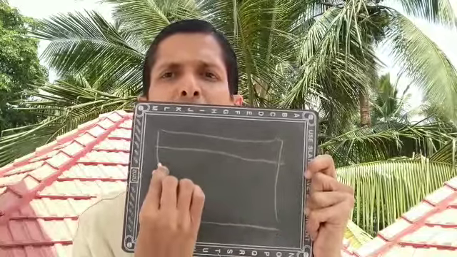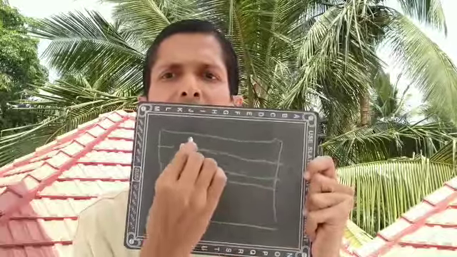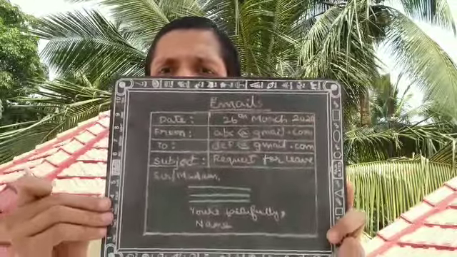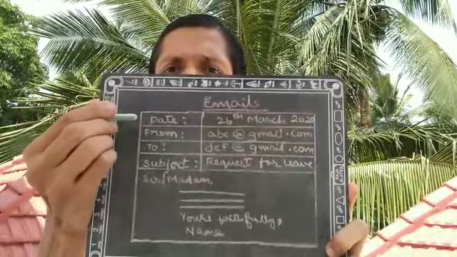So we draw the different parts of the email in our answer book. When we have drawn it properly, it should look something like this. And we have the different parts of the email as described here.